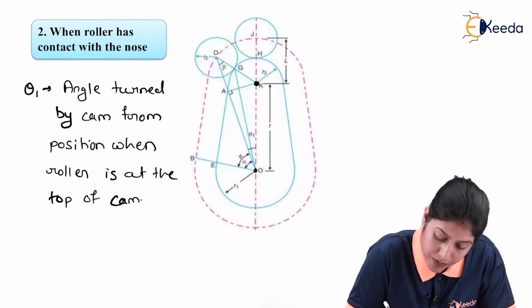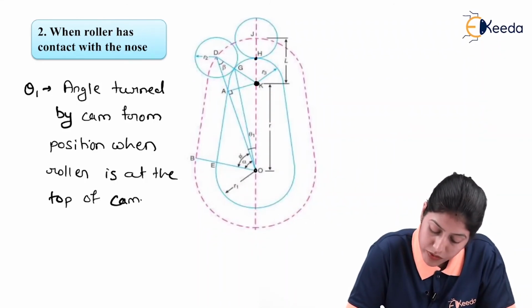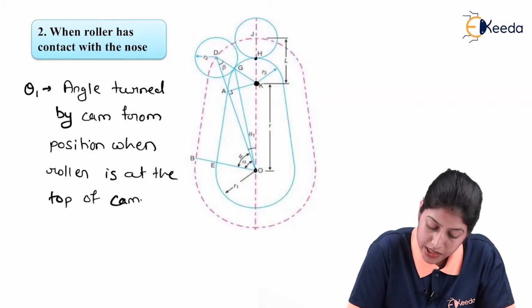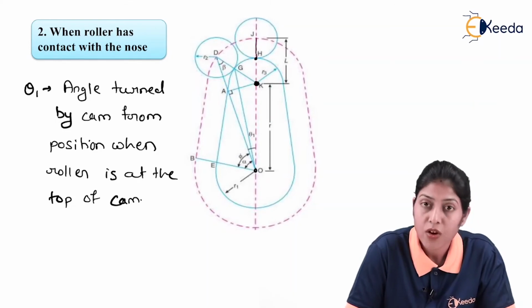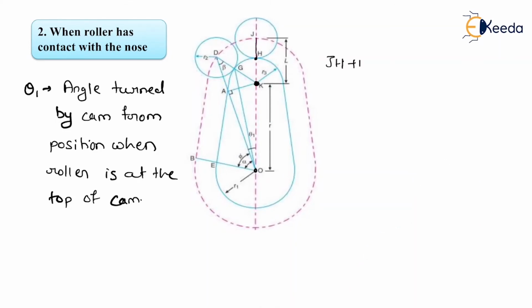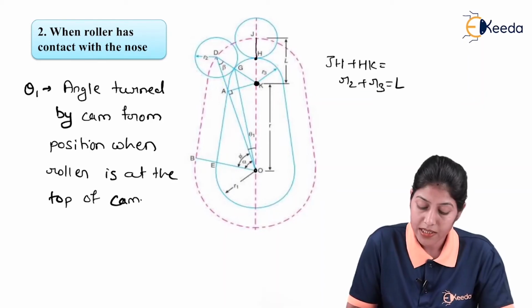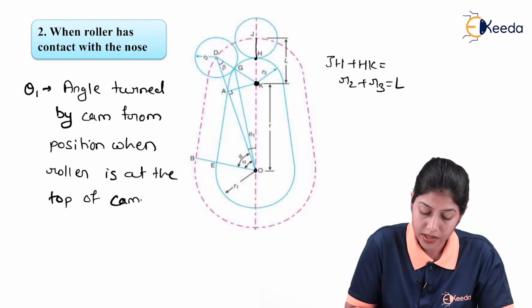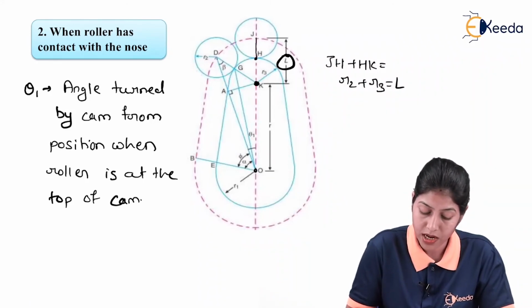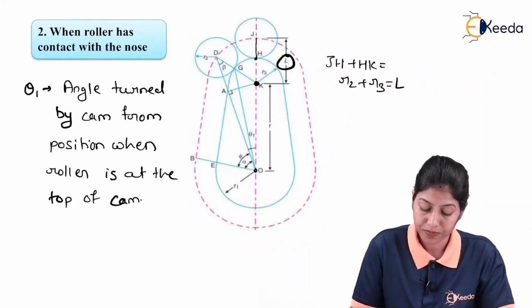Now you can see here this particular KH represents the radius of the nose circle, represented by R3, and HJ represents the radius of the follower. So this JH plus HK we are defining as R2 plus R3. This is defined by a particular length, that is L. So L is the summation of R2 plus R3, or the total distance KJ.